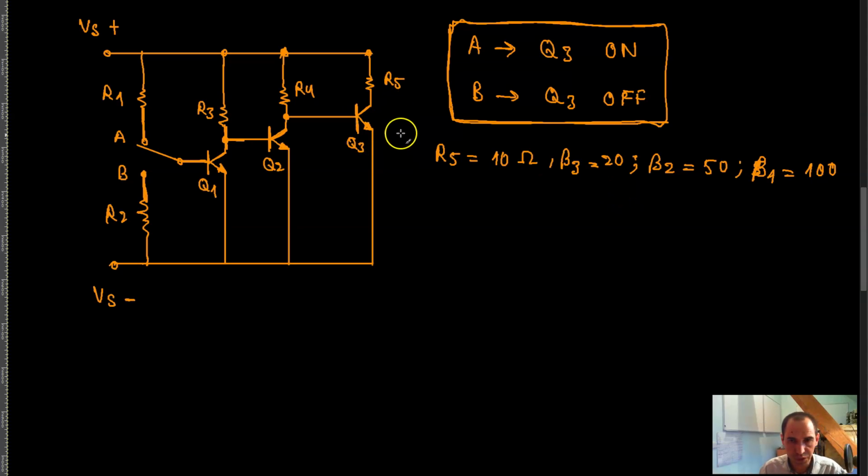Now I want to turn this transistor on, and of course the only way that I can do it is that I have V of S up here.